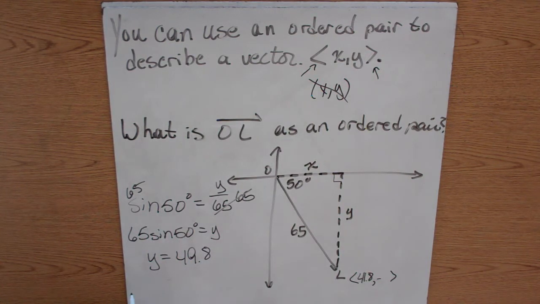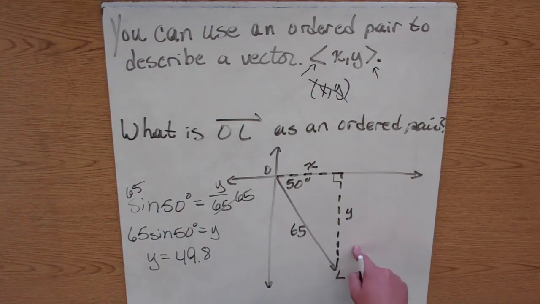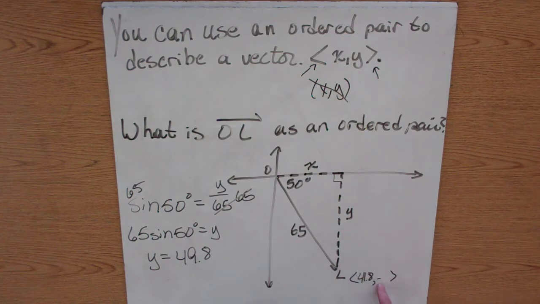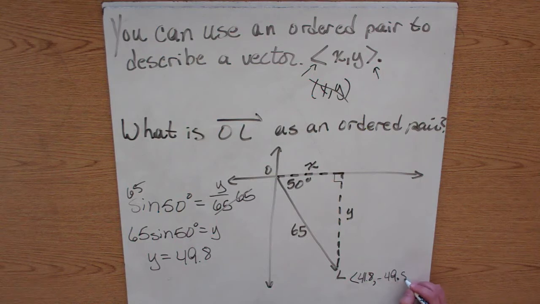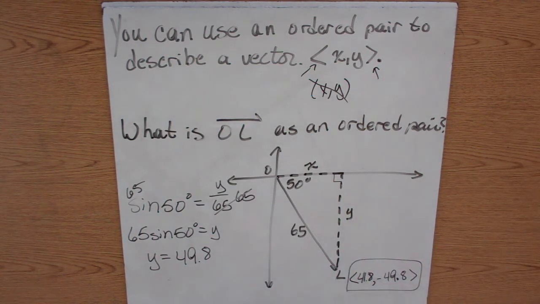Alright, now it's 49.8. But you have to realize that this is in the fourth quadrant. Alright, it's below the x-axis. So our y value is going to be negative. So this is negative 49.8. So this is the ordered pair, okay, that describes our vector.